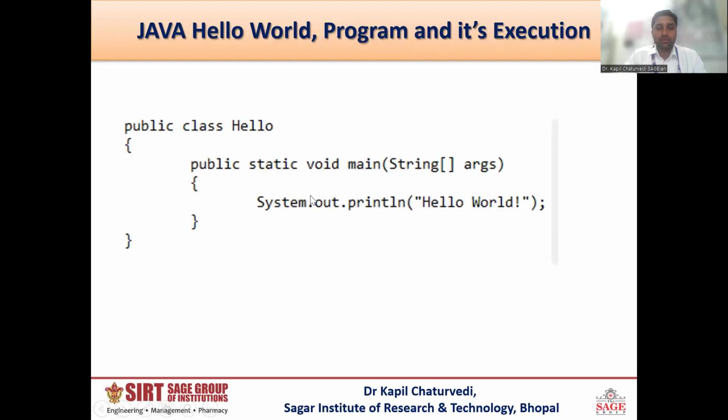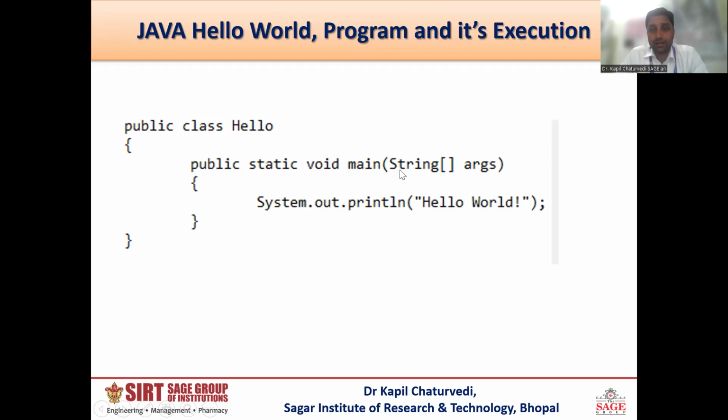Now here is a simple program of Java, and you must know everything related to that program. To implement a simple program in Java, you create a class Hello, and inside it, by opening the braces, you implement the main function, similar to C or C++ programming, but this main function is public static void type, and it has a string array type argument.